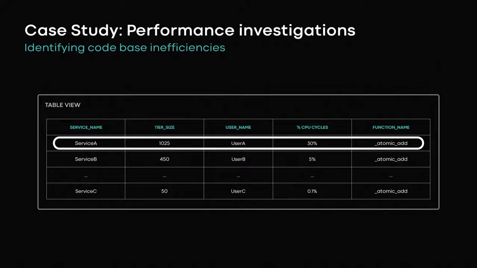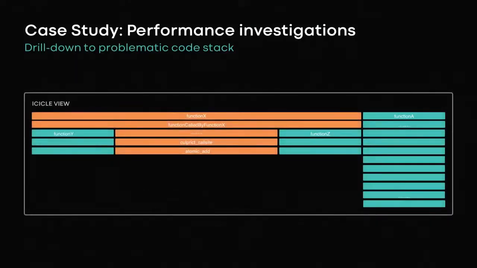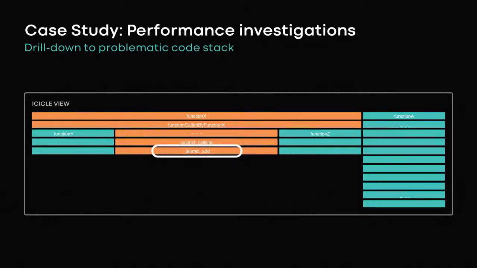Great, so now we found the service name, but how do we actually find the code path that is leading to this usage? We use what is called an icicle view or flame charts, which help us in understanding how much CPU is being used by each of the function calls and stacks. And for our example, it's pretty obvious from here to see that atomic adds is being invoked a lot by function X, for example.